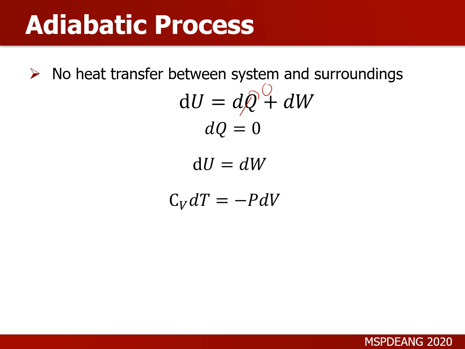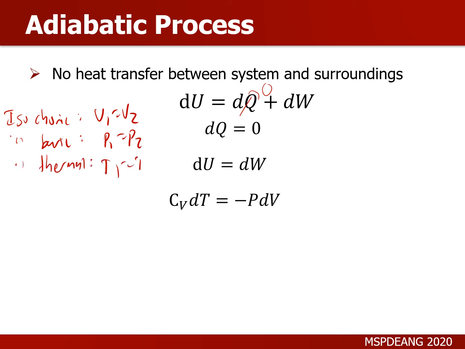Now, unlike the previous three processes, recall, for an isochoric process, V1 is equal to V2. For isobaric, P1 is equal to P2. And for isothermal, T1 is equal to T2.